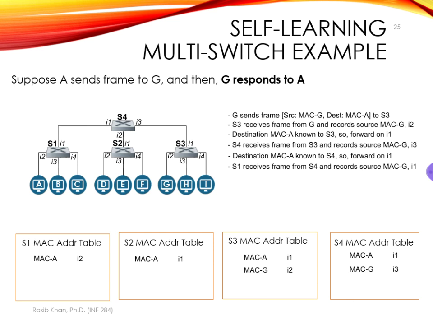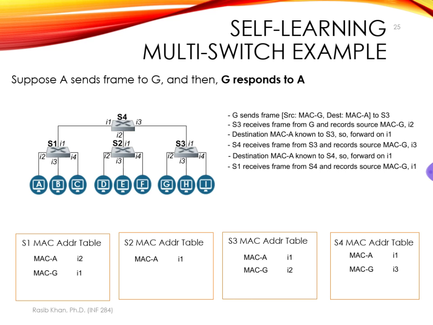and then S1 receives the frame from S4. When S1 receives the frame, it first checks the frame and sees that the source address of MAC G is not known in its MAC address table. So it includes that record of MAC G, and the interface is I1 because this is the incoming link that it just received this particular frame on.